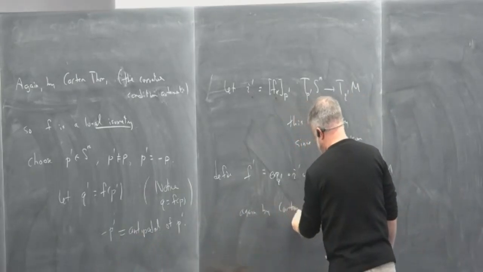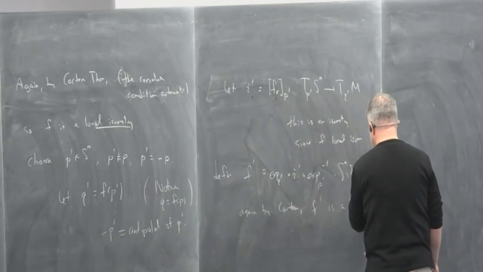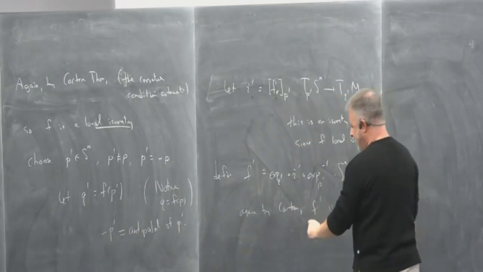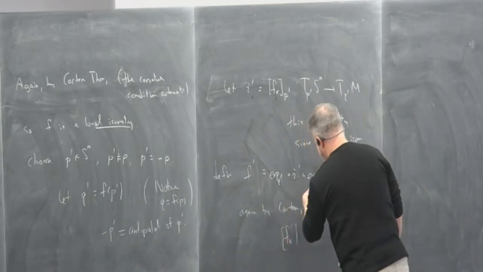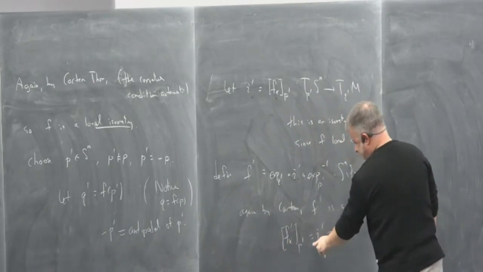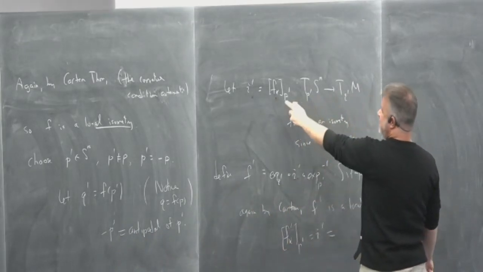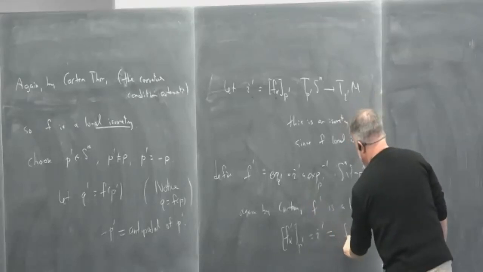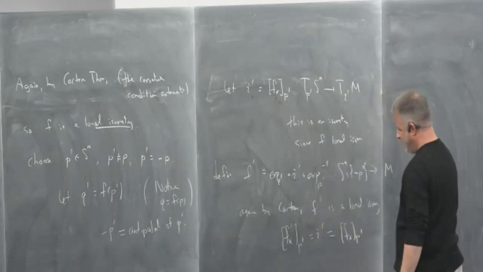exactly the same thing. F prime is a local isometry, and the push forward of F prime at P prime is I prime. That comes from the Cartan theorem, and I prime in this case was F star at P prime. That's how we defined I prime.